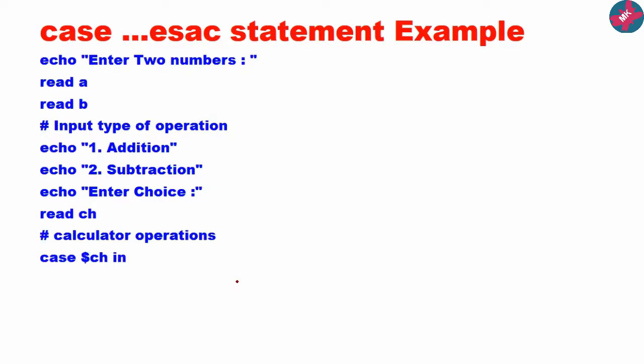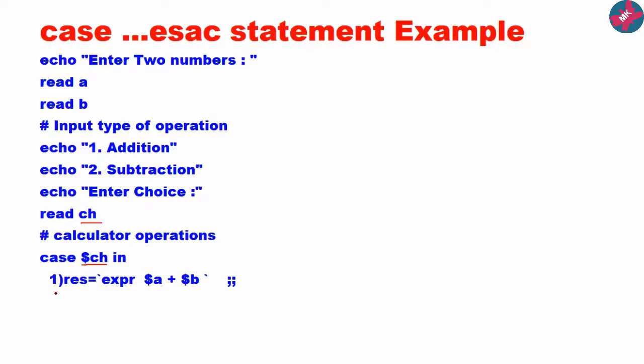Note how I will start. According to the syntax, case value in. Here the value will be obtained through the ch variable. Then what will be the first pattern? See here, 1 then bracket.